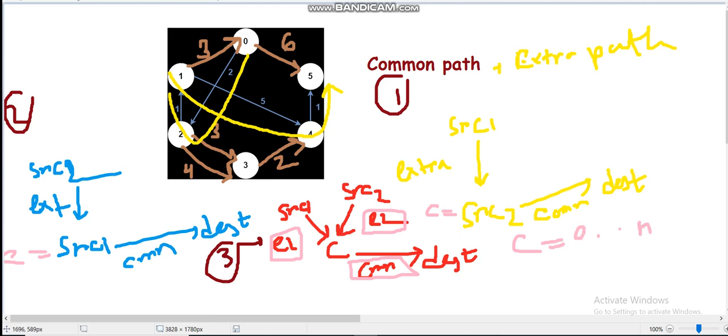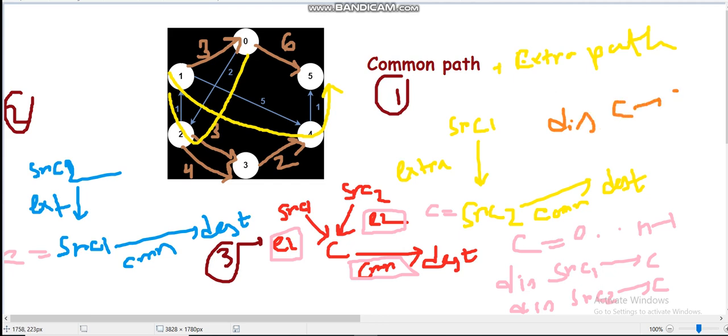The first distance is from source 1 to C, the second is from source 2 to C, and the third is from C to the destination. The answer will be the minimum of this first plus this second plus this third, over all values of C.